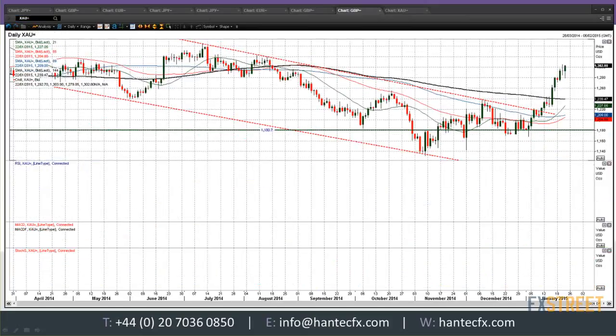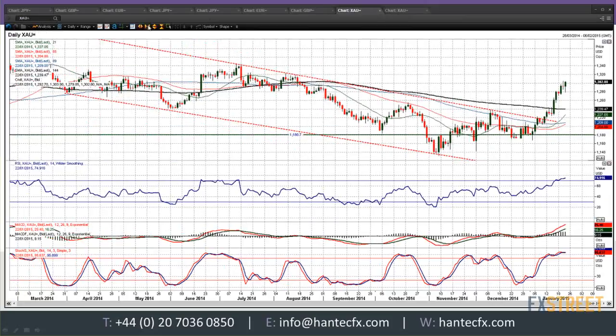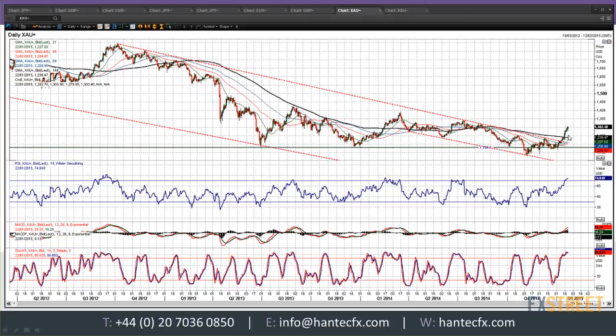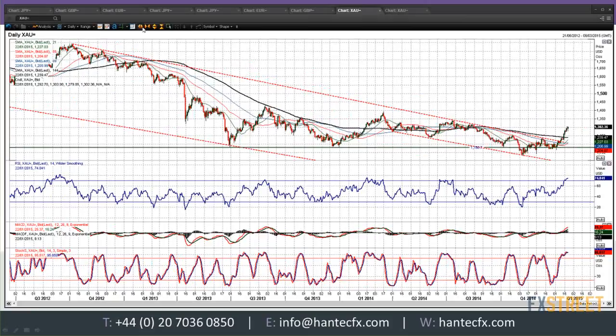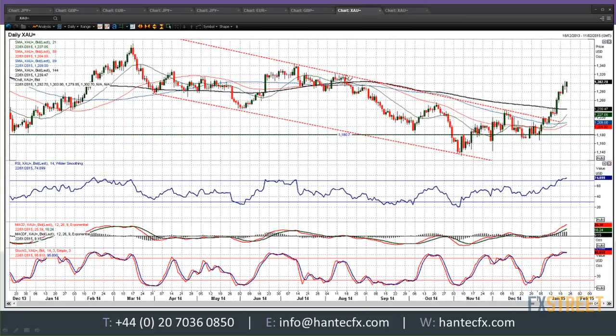Right. This is gold on your medium to longer term view. Now, trend lines, I know it's a bit premature, but we've broken out of this big long-term trend line. It's just a massively decisive move. I think the gold bulls are going to be getting very excited about this one, because we're also now coming up towards the 1322.60 level.